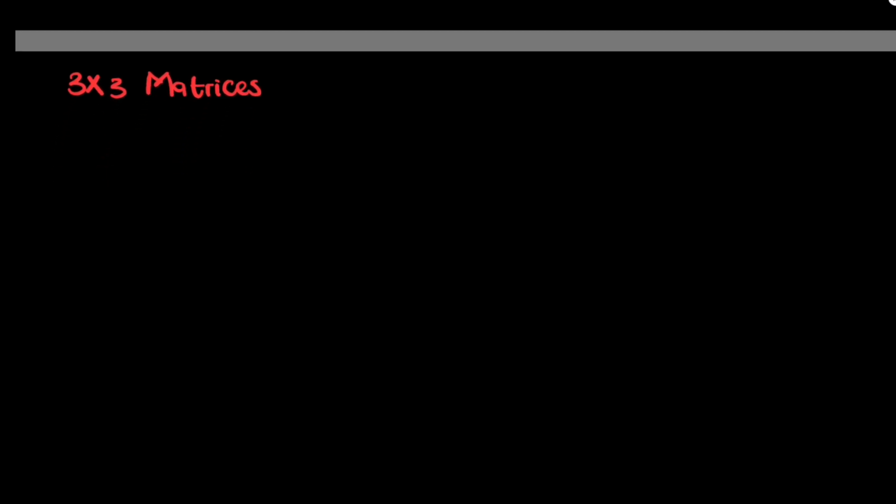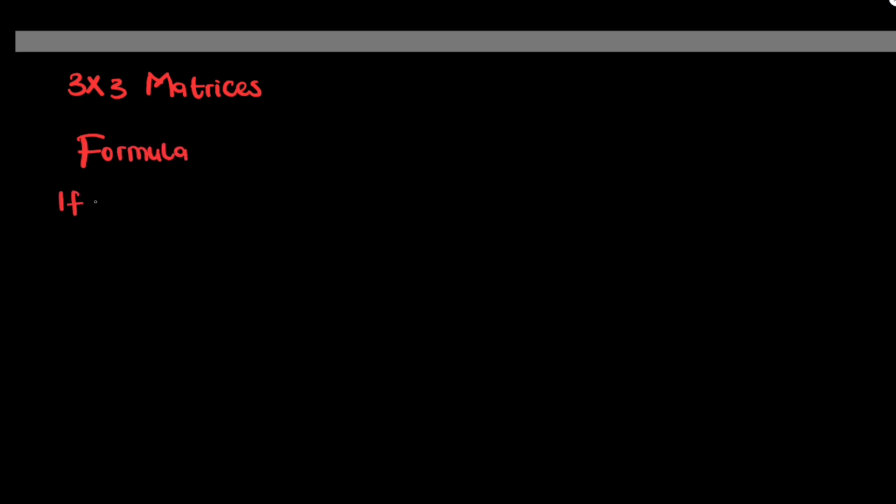Okay, so for 3 by 3 matrices, we cannot just do simple cross multiplication. It does not work like that. For this, we need to use something called the cofactor expansion. So we expand along a row or a column. Okay, so let's have a general formula.